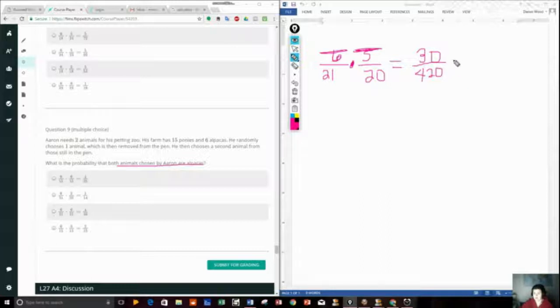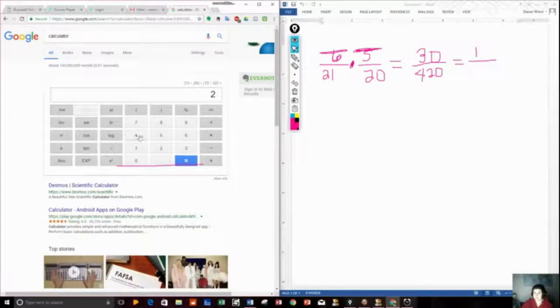Okay, and then we can reduce this by 30. 30 goes into itself once, and 30 will go into 420. Let's see, 420 divided by 30, 14 times.